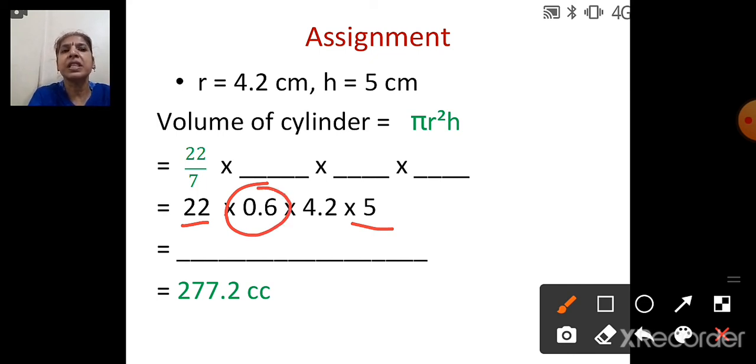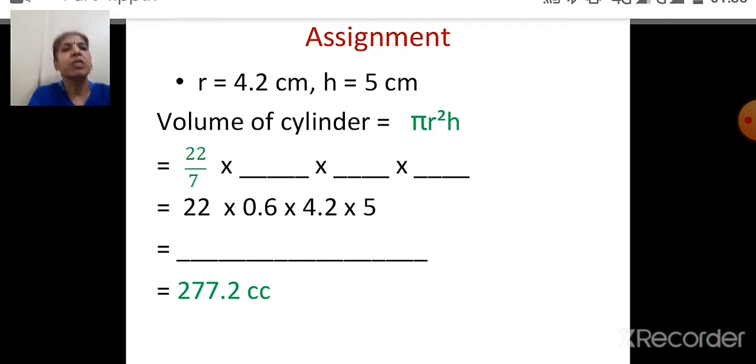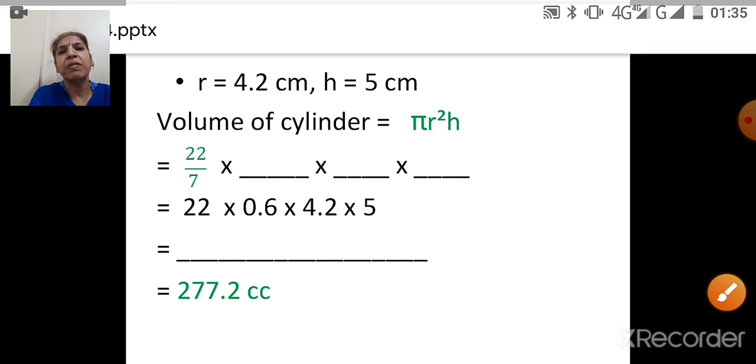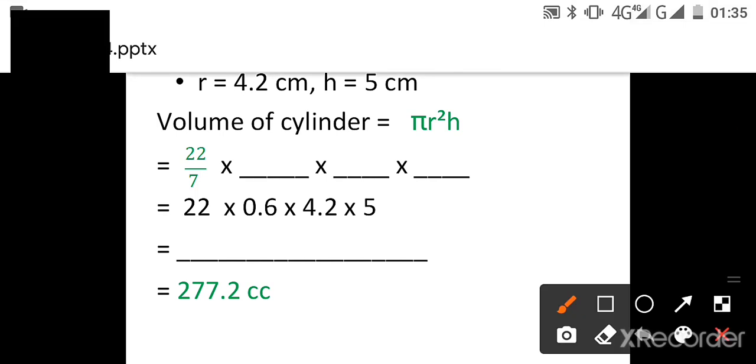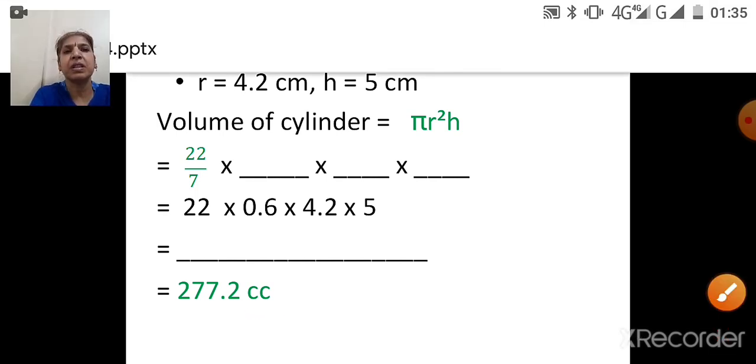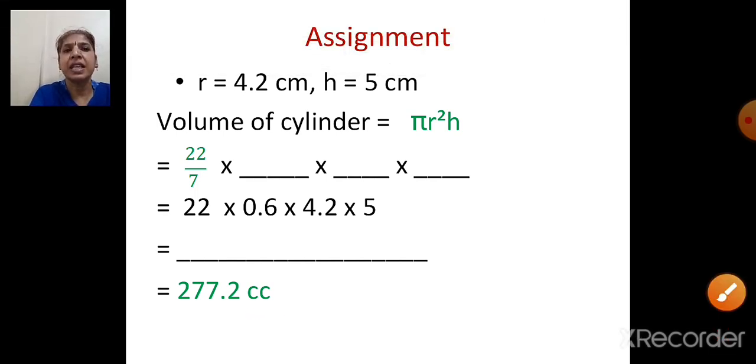So 11 sixes are 66. Then 66 multiply with 4.2. So the way you want to multiply, you have to write the answer, and the answer is 277.2 cc, because the unit is given in centimeter. So when we say cc, it is cubic centimeter. So this is the assignment question.